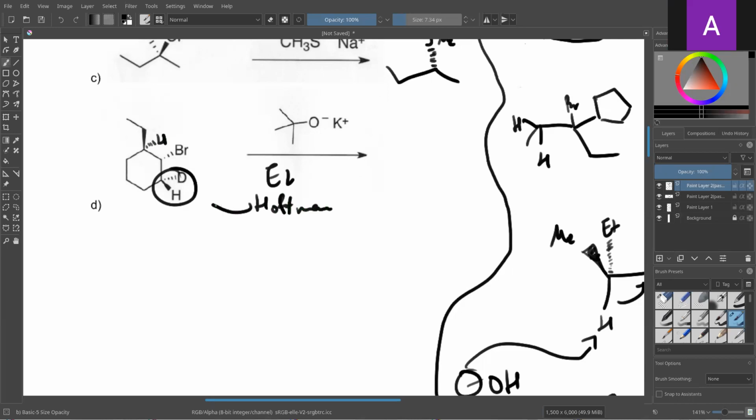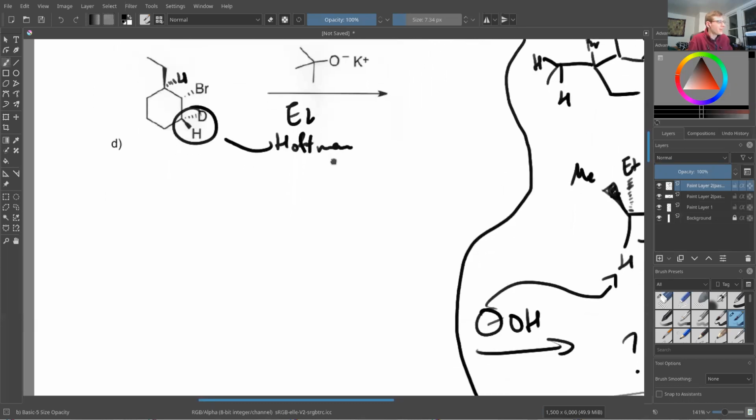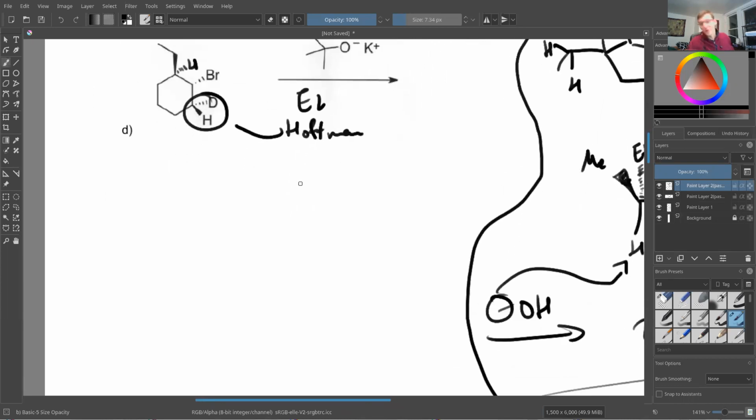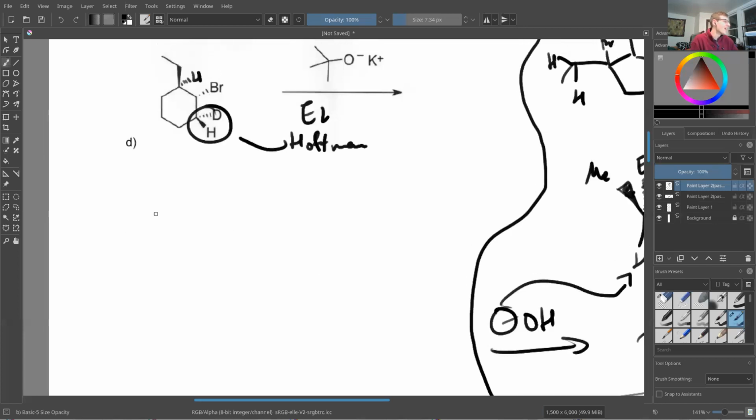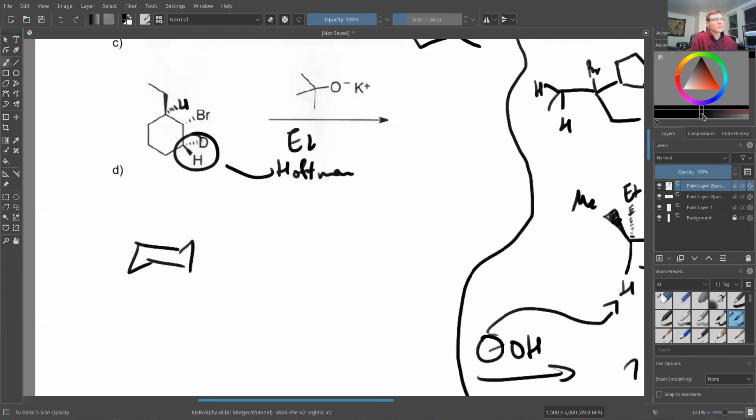But couldn't you not subtract that hydrogen just because it's not anti-periplanar? Right. So in this case, you have to draw out the ring structure, or you could also just see it, which works for some people. But drawing out the ring structure is kind of important.